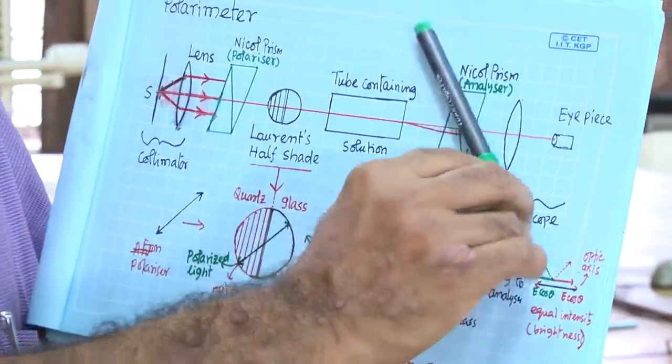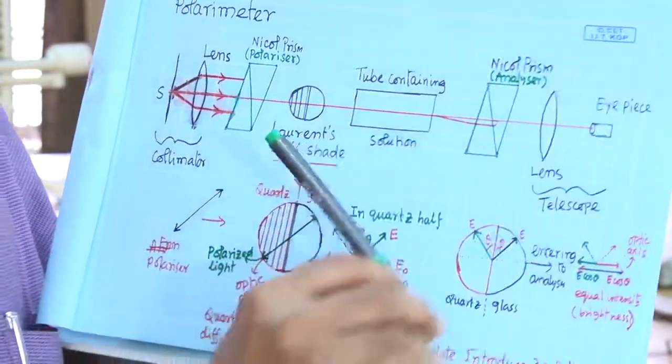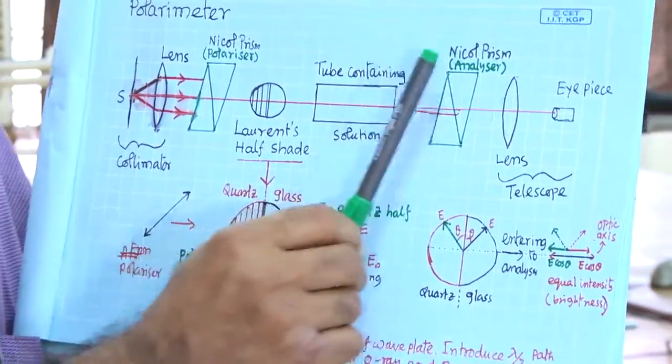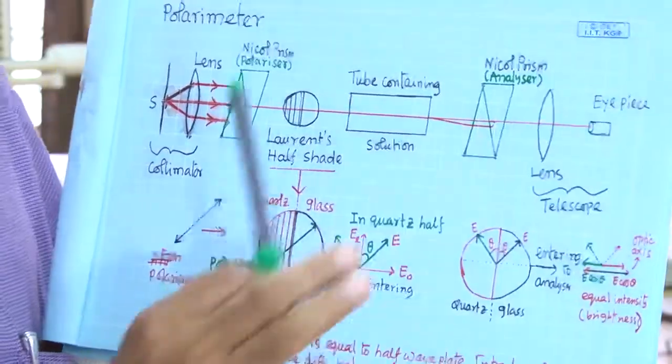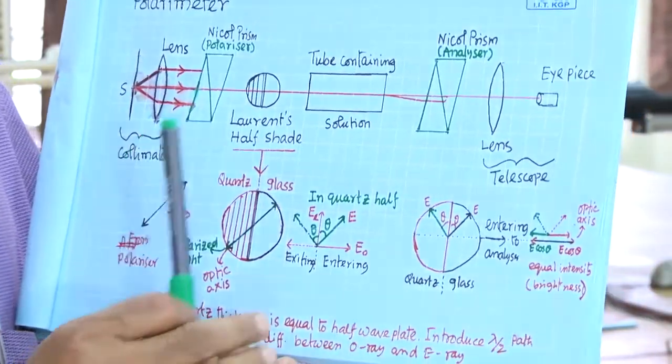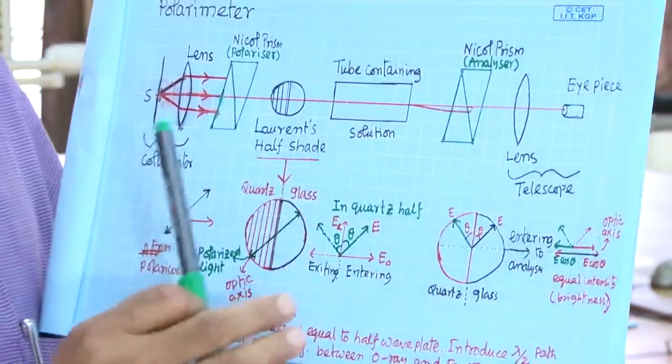Now, if we rotate this analyzer by 90 degrees, it is in the cross position, and we should not see any light.